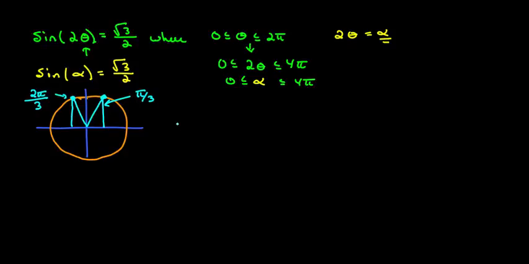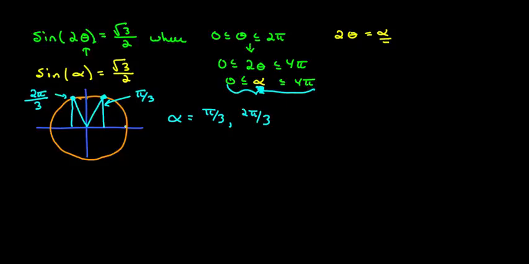But remember, alpha is between 0 and 4 pi. So one of them is pi over 3. The next one is 2 pi over 3. The angle that I'm looking at is between 0 and 4 pi.